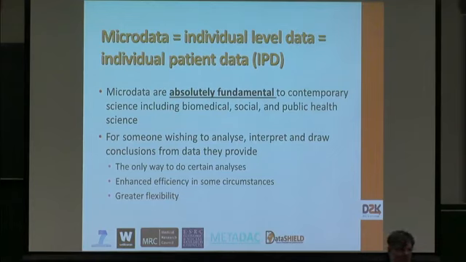So all of these are synonyms for a really important concept, which basically means you're going to work with the actual individual level data as opposed to some form of transformed data that combines information across individuals. Microdata are absolutely fundamental to contemporary science and analysis in all the areas which I interface with regularly, biomedicine, social and public health science, but also across science more generally.